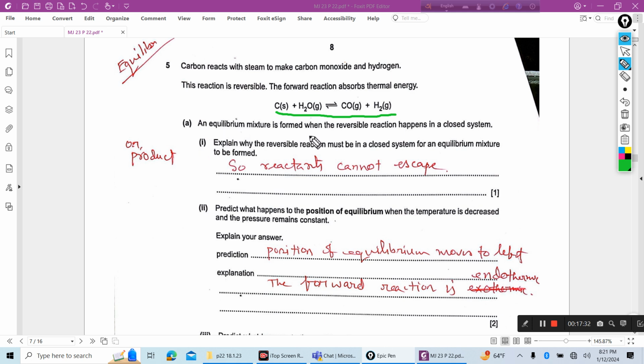An equilibrium mixture is formed when the reversible reaction happens in a closed system. That means gaseous equilibria are only applicable in a closed system. Why? Because reactants cannot escape, or you can write products cannot escape. If it is not a closed system, the reaction will escape easily, so it never forms an equilibrium position.